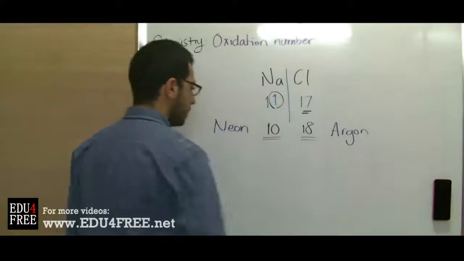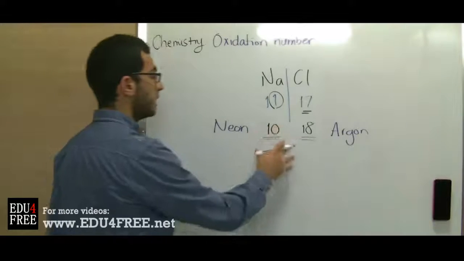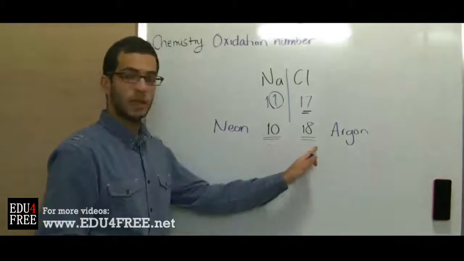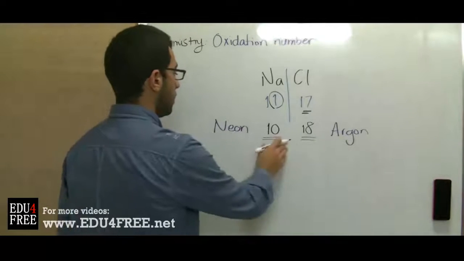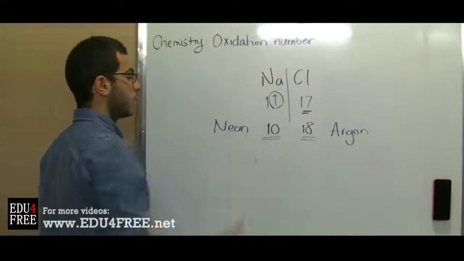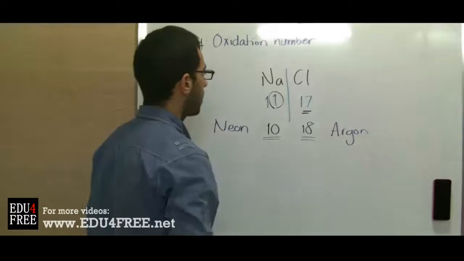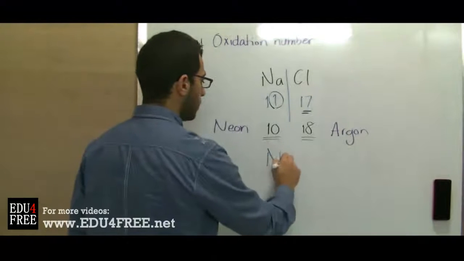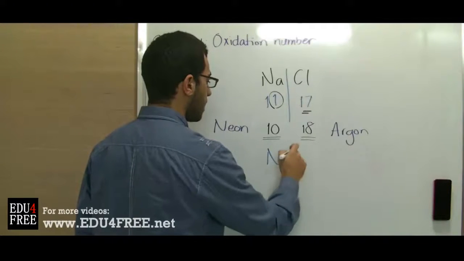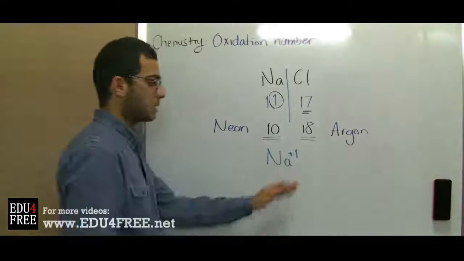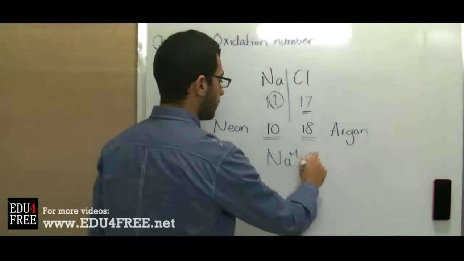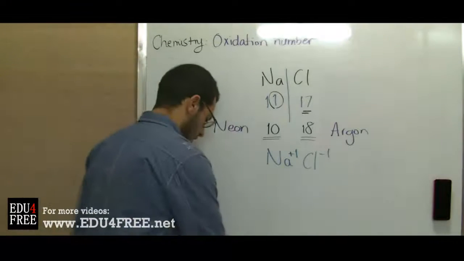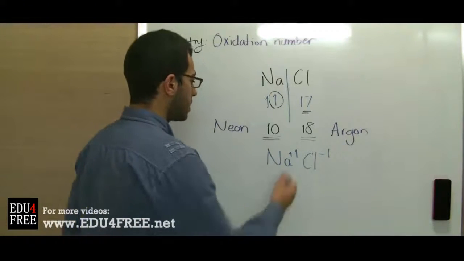We can say that this compound is ionic because the formed bond is between a metal and a non-metal. This atom, the sodium atom, lost 1 electron to chlorine, so this is ionic. So here sodium has a positive charge and chlorine has a negative charge, because sodium lost an electron.